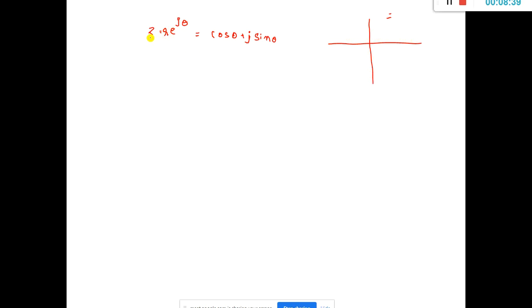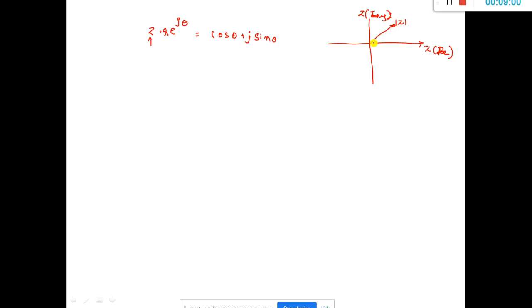So how do we represent this z? This is z with the real values and the imaginary values. Fine, so this is the distance of z. This is how we take the value of z.